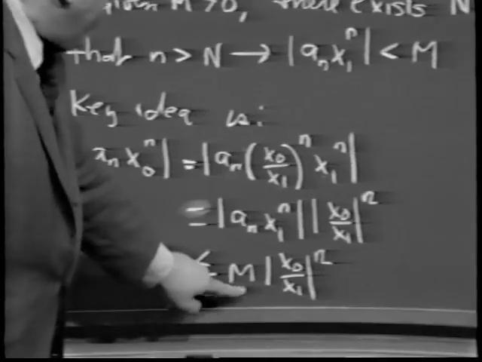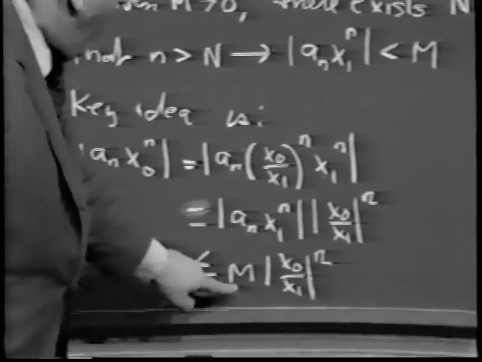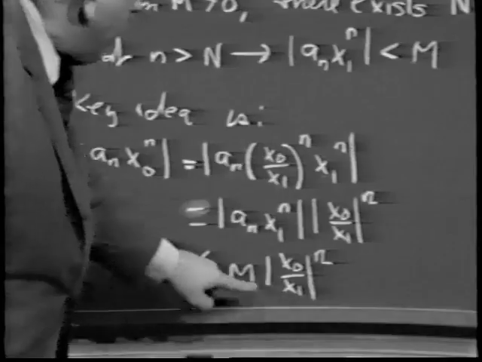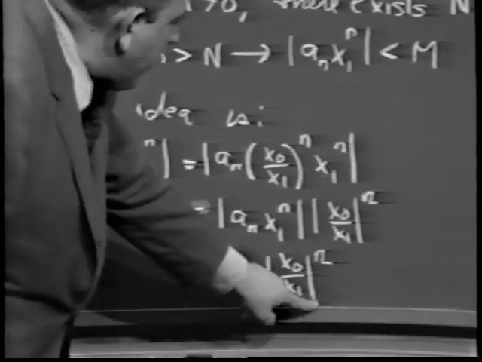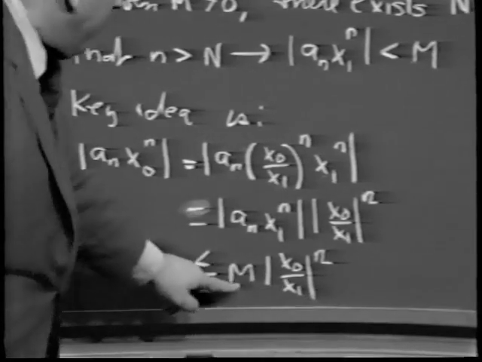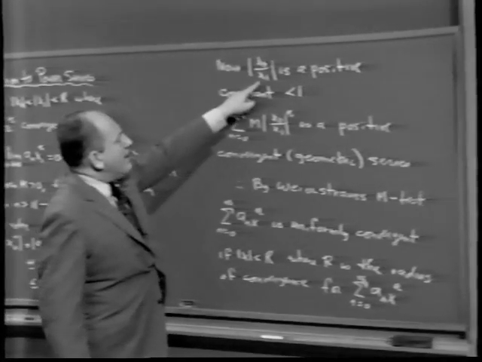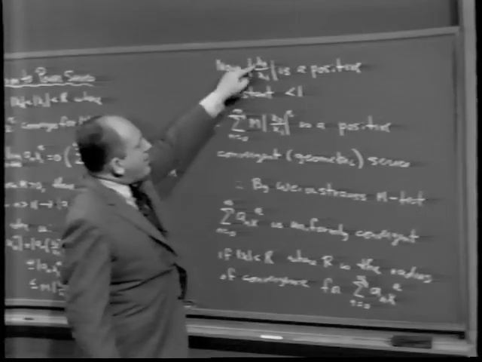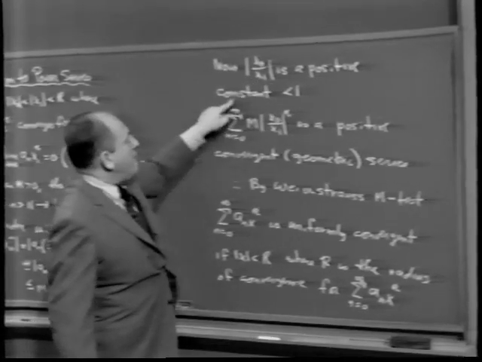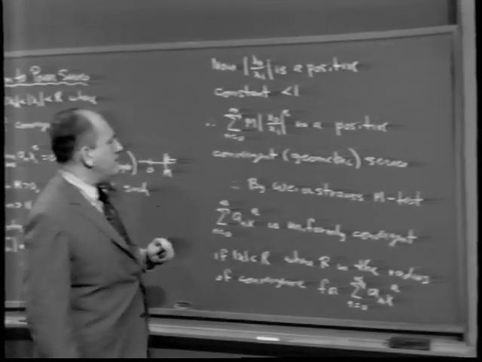My claim is that this is the nth term of a convergent positive series, namely a convergent geometric series. To show you this in more detail, all I'm saying is observe that the magnitude of x0 over x1, since x0 is less than x1 in magnitude, is a positive constant less than 1.